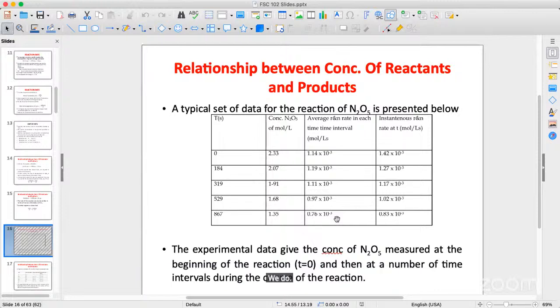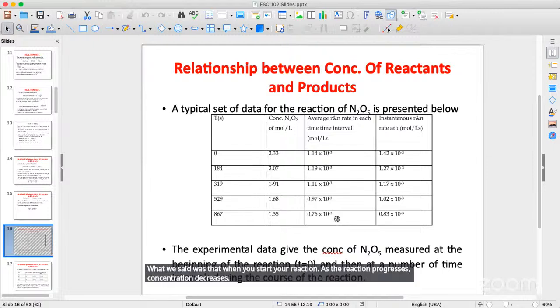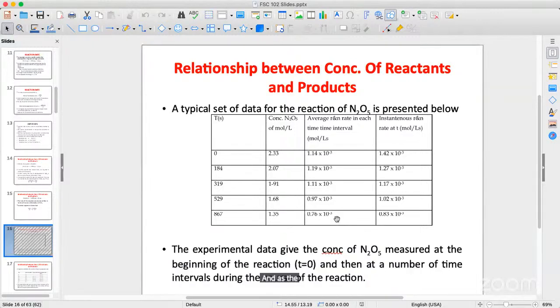Now, what we said was that when you start your reaction, as the reaction progresses, concentration decreases. And as the concentration decreases, the rate of reaction decreases.